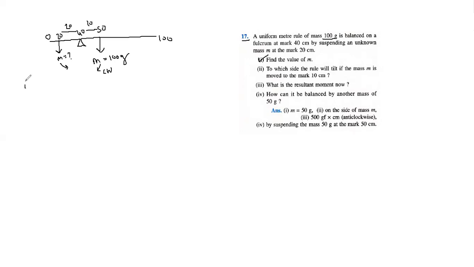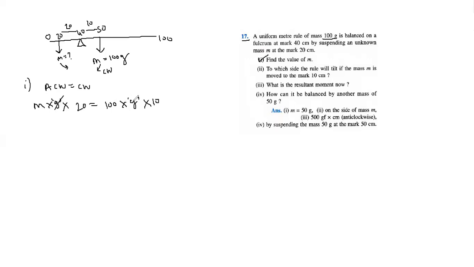So we know anti-clockwise moment equals clockwise moment. The anti-clockwise moment would be m into g, because we have to multiply with g to get weight, and then distance is 20. Clockwise it is the mass 100 into g, the acceleration due to gravity, and then distance is 10.